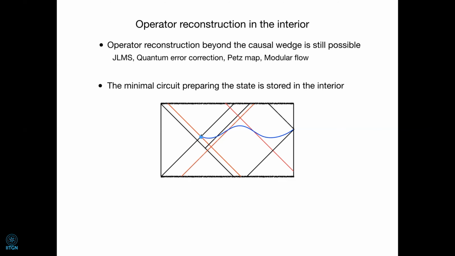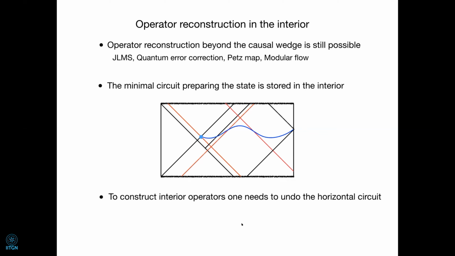And let's say we want to apply an operator somewhere in the interior. Then it's natural to expect that at least one needs to shorten the wormhole and undo the gates stored in the circuit in the interior. Then one can apply the operator. Then one can go back. That's just a very naive guess.